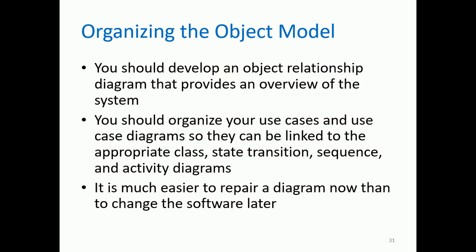Gone are the days when the software was done first to satisfy the clients and the documentation was done last. Actually, that's re-engineering. To save cost, we must repair the diagrams if they are not correct, because it is costly to change the software later because of an error in the diagram.